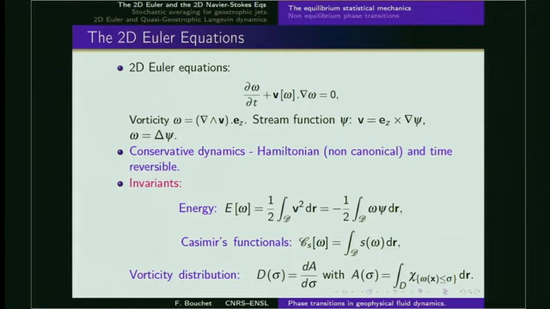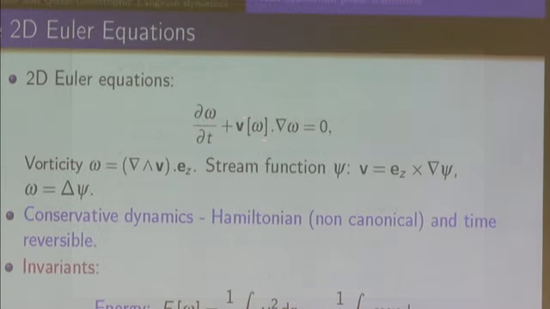When you look at the dynamics for omega, you see that it is transported by a velocity, and you compute the velocity from the vorticity, so it's a nonlinear transport. To do this computation, you have to invert the Laplacian, so basically it is a non-local thing.